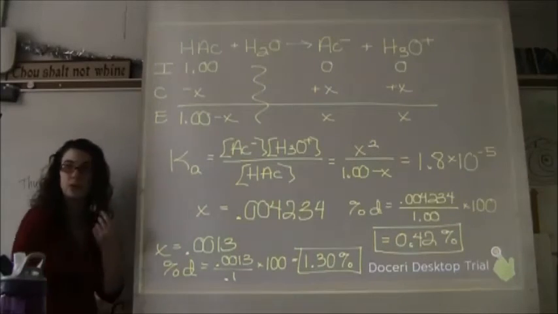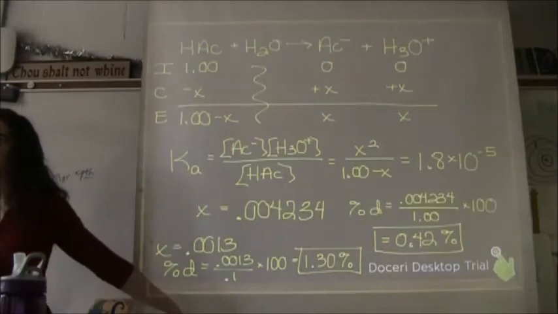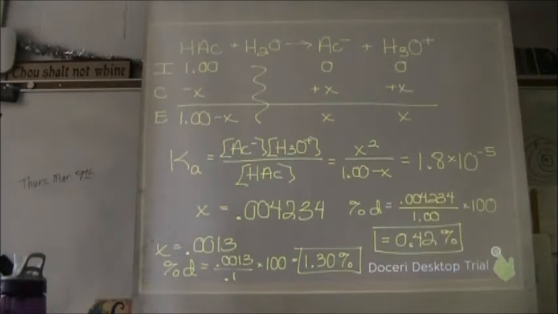That's more dilute. And that might seem kind of backwards to you, but I think of it kind of like if you have a severely obese person and then just a slightly overweight person, and both people lose 20 pounds, which person lost more percentage-wise?